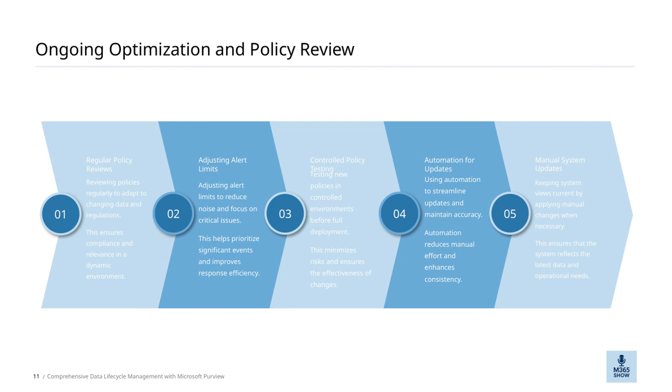Finally, keeping system views up to date is essential. Sometimes manual updates are necessary to reflect the latest data or operational changes, ensuring our systems provide an accurate and current picture at all times. Together, these practices form a comprehensive approach to maintaining an effective, compliant, and efficient data management environment.